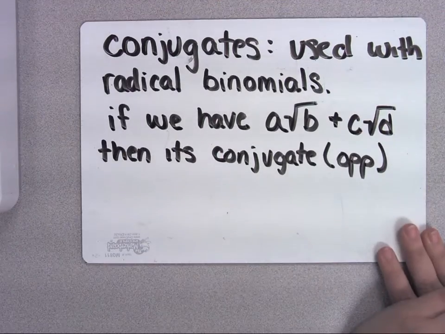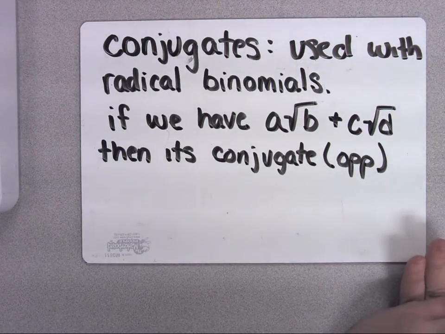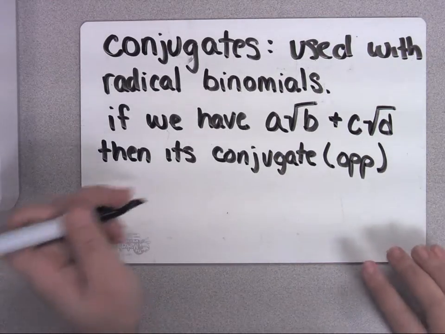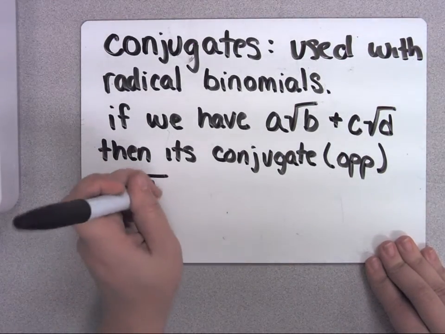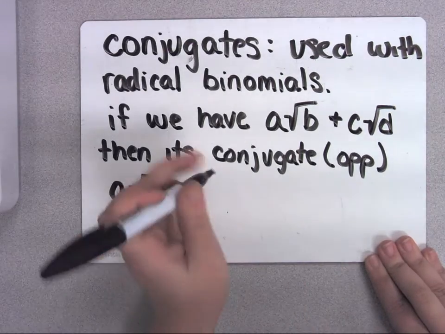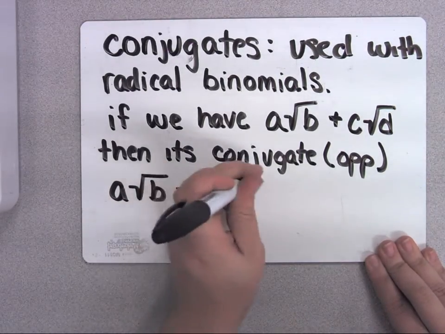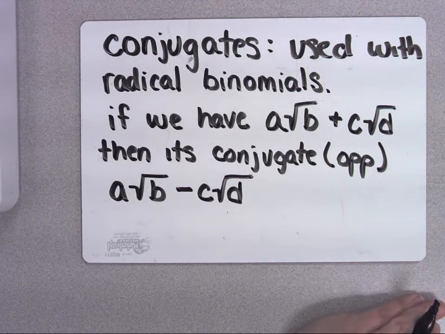This is how we get rid of binomials in the denominator. So if we don't just have a radical, but have something plus something else, its conjugate is going to be a square root b minus c square root d. So the only difference is you just change the sign in between them.